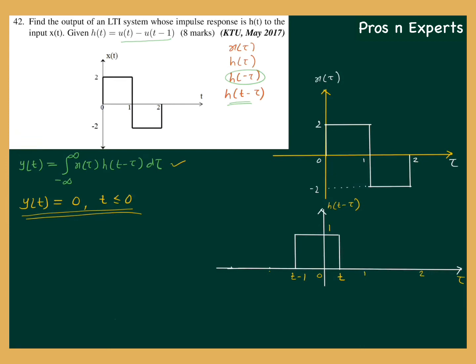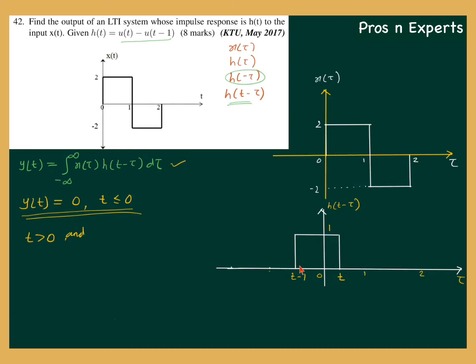Now, before calculating the product of the x of tau and h of t minus tau signals, let us first check what is the time interval in which this product is valid. So the time interval is calculated by: t is greater than 0, so that this edge is overlapped, right? And what is the next condition?